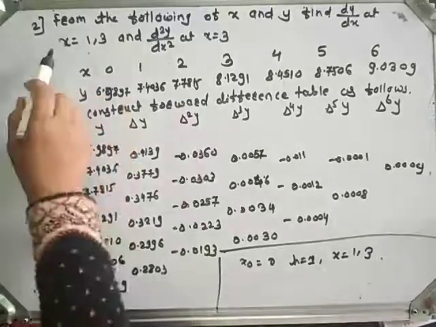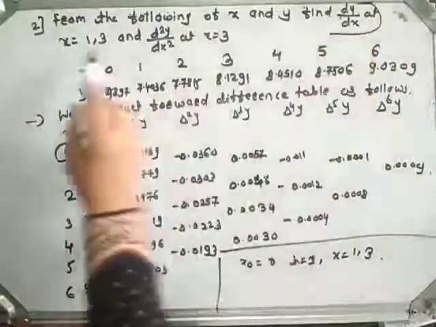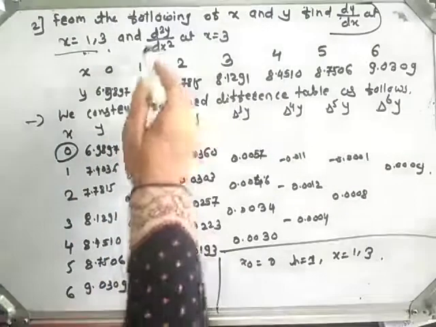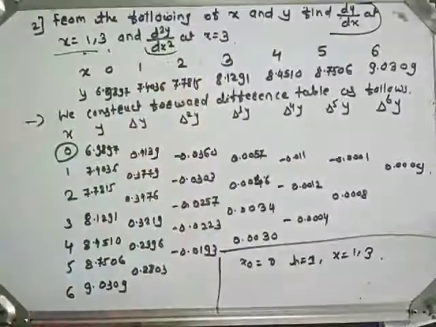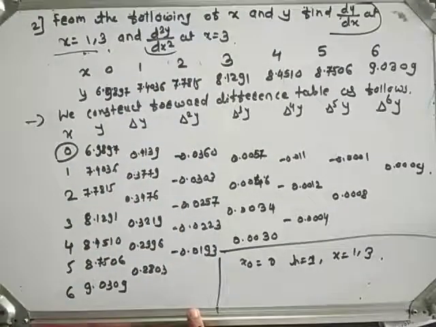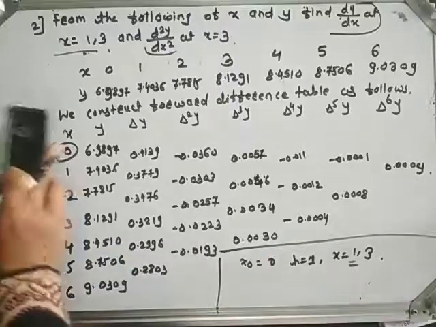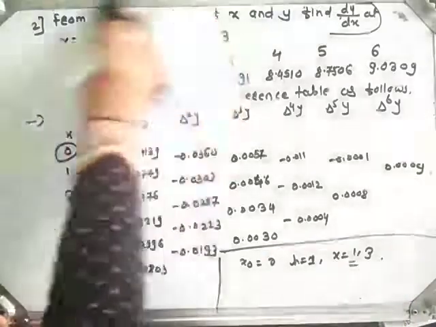You have to calculate dy by dx at x equals 1 as well as 3, and the second derivative at x equals 3. Okay, student, here understand, you have to calculate the first derivative at x equals 1.